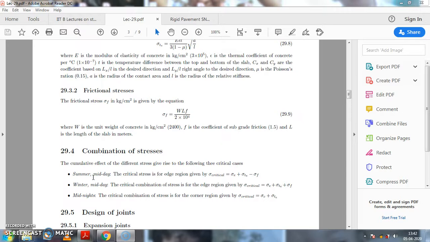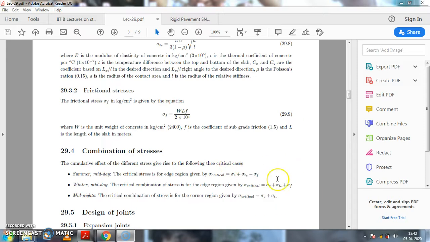So if we are going to find the critical combination of stresses during summer, we get load stress plus warping stress minus frictional stress at the edge region. Here sigma e means load stress at the edge region, sigma TE symbolizes temperature stress at the edge region, and sigma F symbolizes the frictional stress.